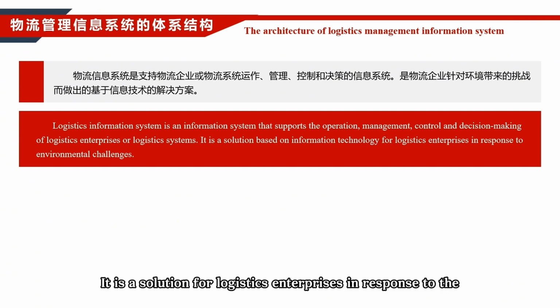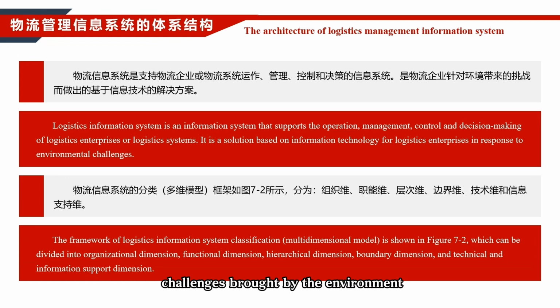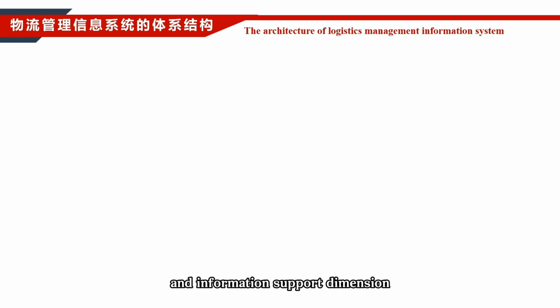It is a solution for logistics enterprises in response to the challenges brought by the environment, made based on information technology. Classification of Logistics Information System is mostly a multi-dimensional model framework, as shown in Figure 7-2. Divided into organizational dimension, functional dimension, hierarchical dimension, boundary dimension, technical dimension, and information support dimension.